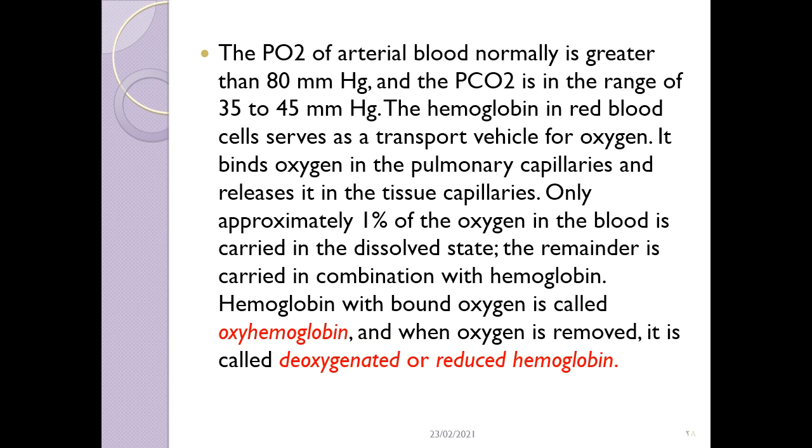The hemoglobin in the red blood cells serves as a transporter vehicle for the oxygen. How? The hemoglobin will bind the oxygen in the pulmonary capillaries and release the oxygen in the tissue capillaries.